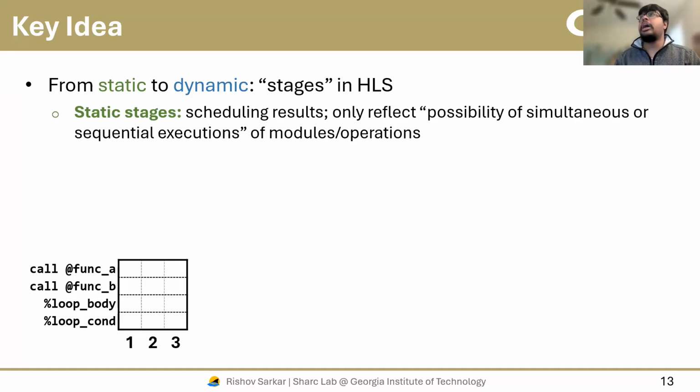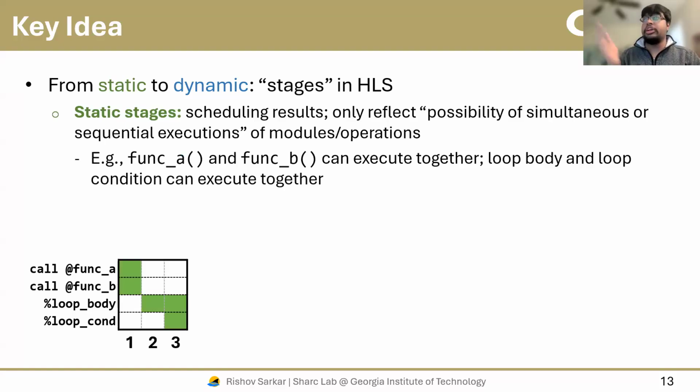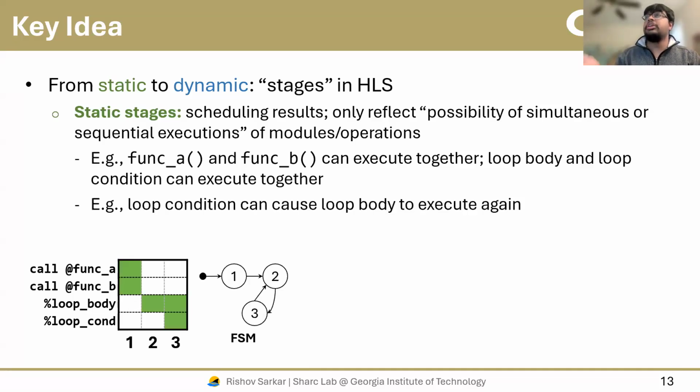Those are the scheduling results and only reflect the possibility of simultaneous or sequential execution of modules or operations. What do I mean by that? If you have two functions that can execute together, they'll be scheduled into the same stage. The loop body and the loop condition might be able to execute together, so they'll be scheduled into the same stage. And the loop condition might cause the loop body to execute again.